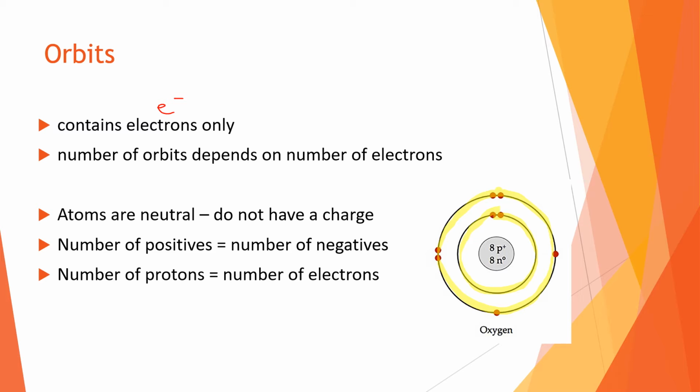Atoms are neutral, they do not have a charge. So we're going to learn that atoms have the same number of positives as they do negatives. So if you were to have, just for example, 2 positives and 2 negatives, they're going to cancel each other out.